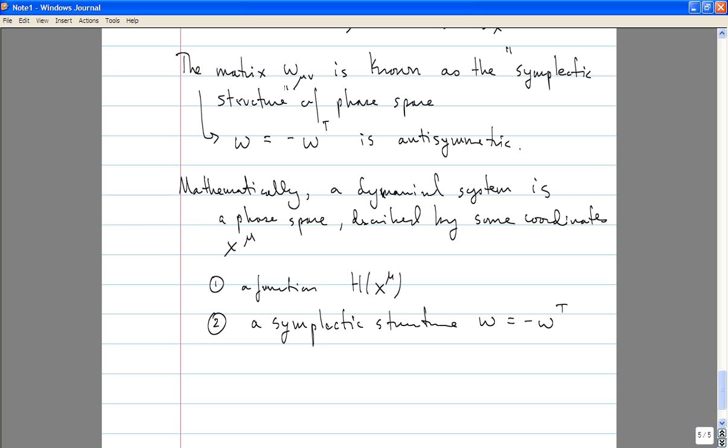So, if you were taking a mathematical class on dynamical systems, the first day of class would probably start with the definition of a mechanical system as a 2n dimensional space along with a function and a symplectic structure. Then they would take it from there. And many of the quite beautiful results in classical mechanics are indeed derived by starting with those assumptions.